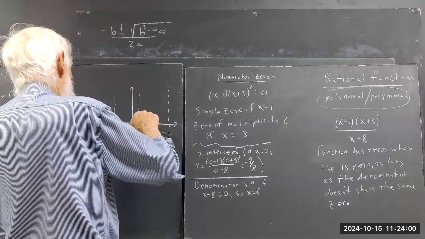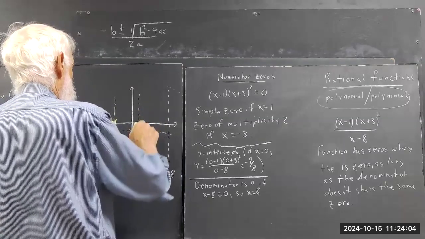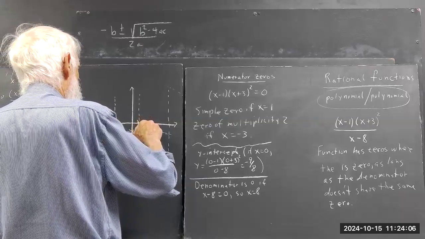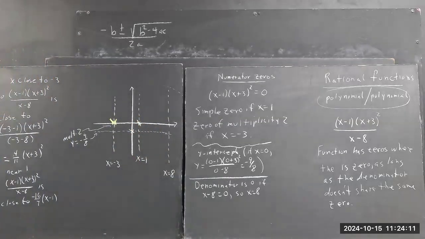I'm seeing a potential problem, but anyhow, the graph should be going through this point, something like this. Now, there's a problem with that because the graph isn't behaving like we would expect.